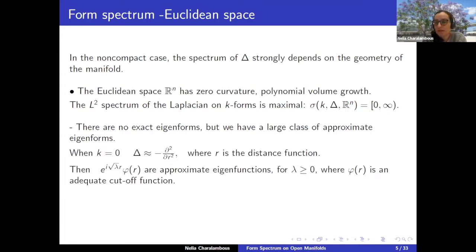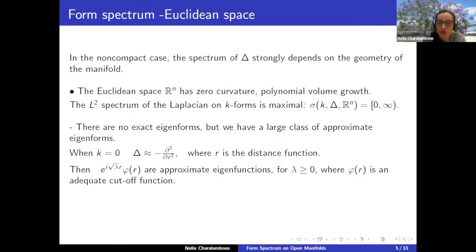And one can go about building those, for example, in the case of functions, by noting that the Laplacian is essentially the second derivative in the distance function away from a point, and then building approximate eigenfunctions of the type sine or cosine of the square root of lambda times the distance, where lambda will be our desired eigenvalue, times an appropriate cutoff function.